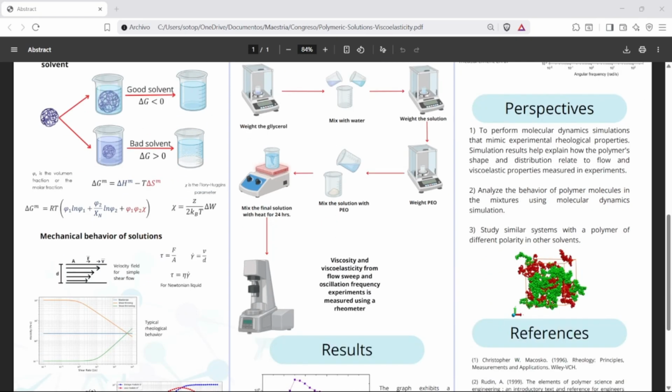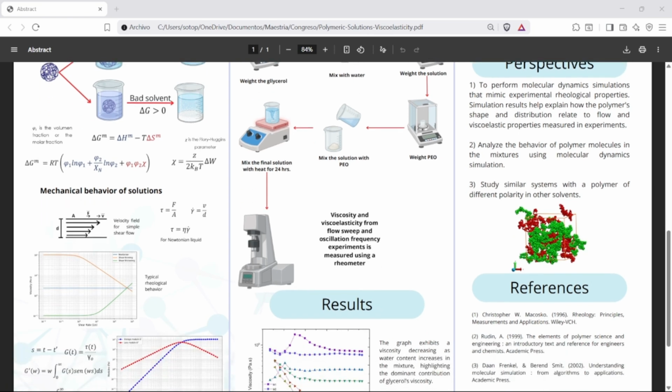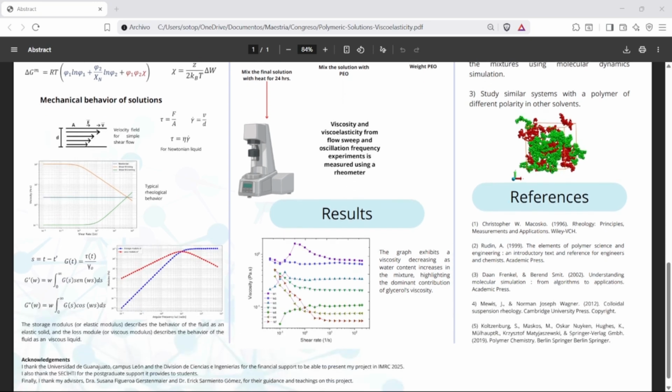Finally, we mix the solution with PEO, and we mix that final solution with heat for 24 hours. Finally, the viscosity and viscoelasticity from flow sweep and oscillation frequency experiments are measured using a rheometer.